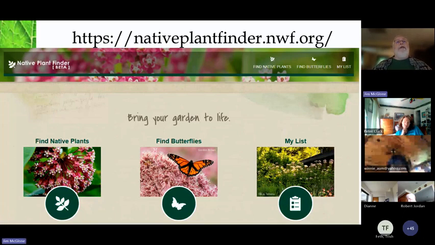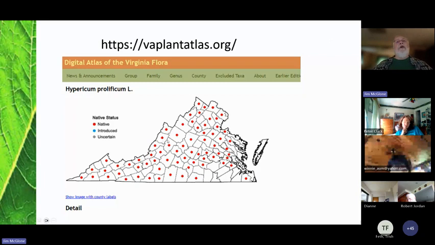Another good resource is the Virginia Plant Atlas. This is more for if you're thinking of planting something and wondering if it's native. For example, if you're thinking of planting this, this is Shrubby St. John's wort. Sorry, my Latin is not working this morning. You can see all the counties that have red dots is where this plant is native. This is a great midsummer bloomer to have in your yard.